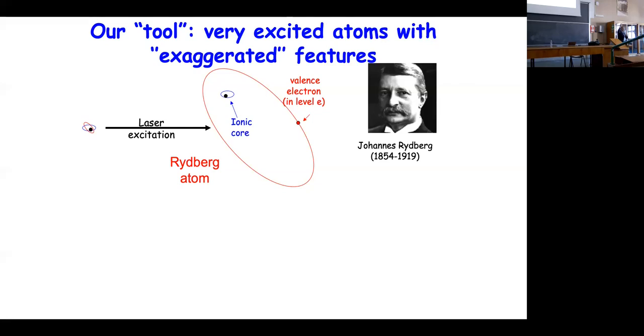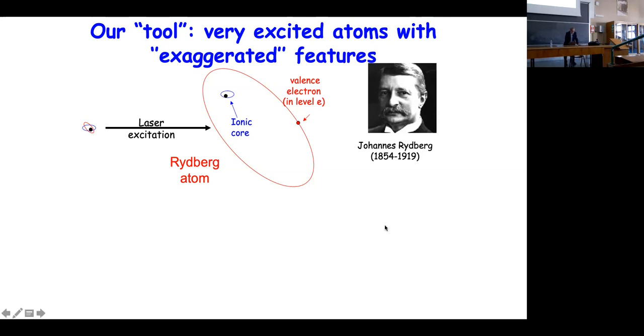So you end up with a very excited electron, and the remaining part of the atom, which is the nucleus and the other electrons, forms a very small ion, and the electron is revolving around this very small ion, which has a unit charge. And so it looks very much like hydrogen. And these atoms have a structure of energy levels which is very close to that of hydrogen. So they're hydrogenic systems, and I have given you here a kind of classical representation.